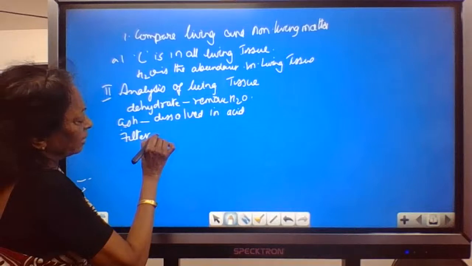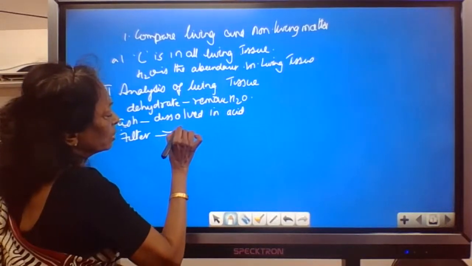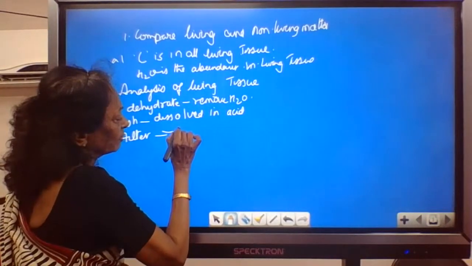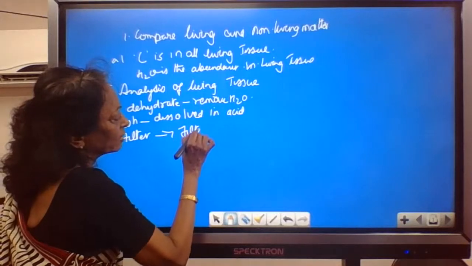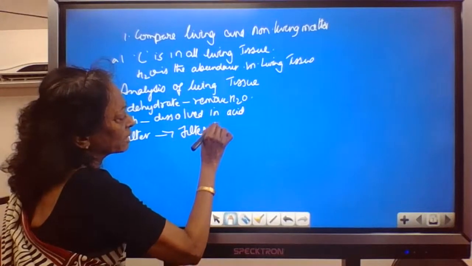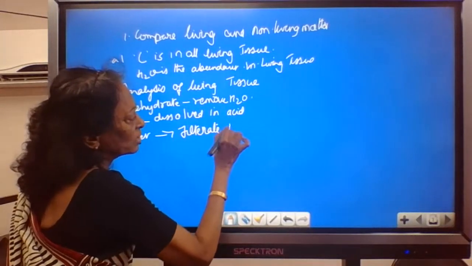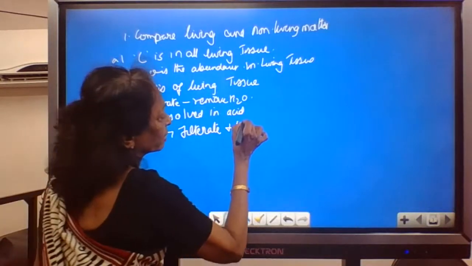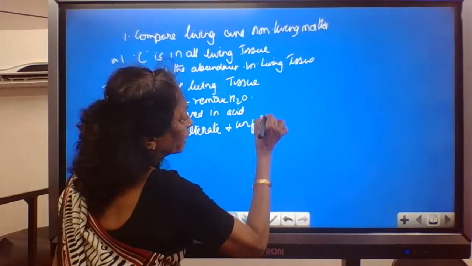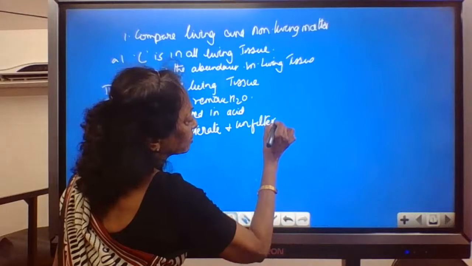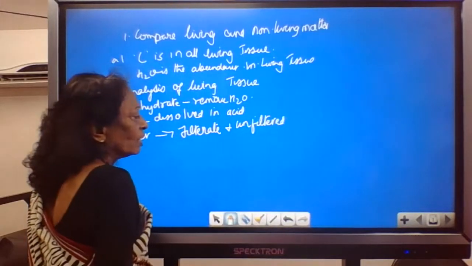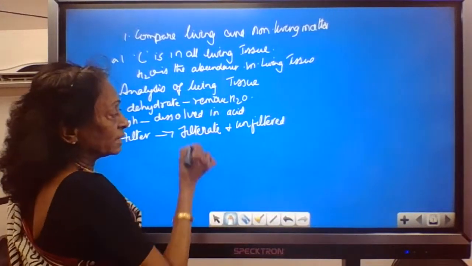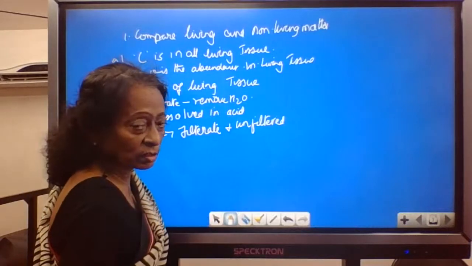You get a filtrate, which is the one getting down, and the unfiltered part, which is the supernatant. So they started analyzing the filtered one and the unfiltered one.